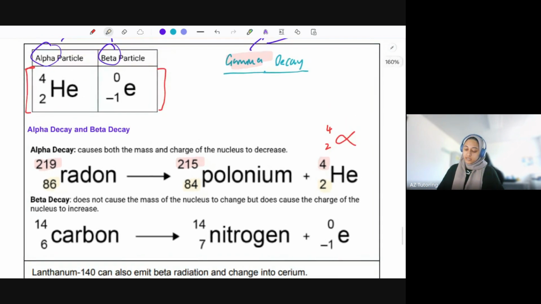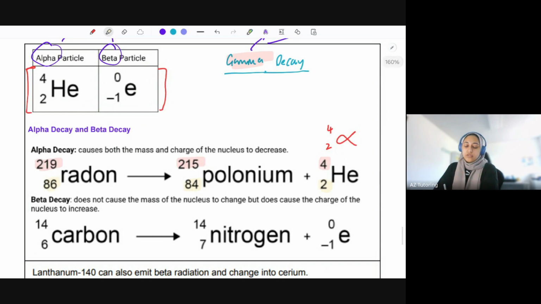Same with the beta decay. The beta decay releases an electron. Again, if you want to write beta like this, you can, but the specification wants it as an electron. So I would just recommend remembering this table instead. We've got a mass number of 0 and an atomic number of -1. So again, the top two here, 14 plus 0 gives us 14.